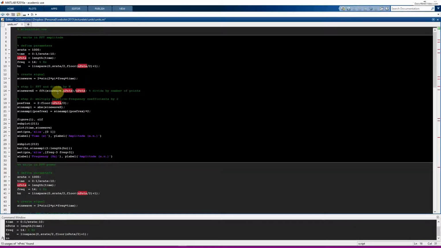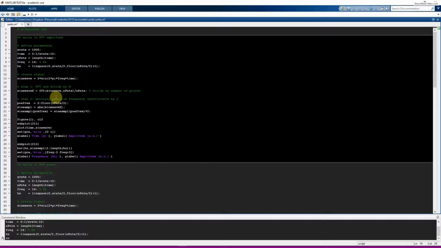Step 2 is you want to multiply the coefficients by 2, but this is a little bit tricky. Technically, you do not want to multiply all of the coefficients by 2. You only want to multiply the positive frequency coefficients by 2. Those are the coefficients between, but not including, the DC frequency, the zero frequency, and the Nyquist frequency.